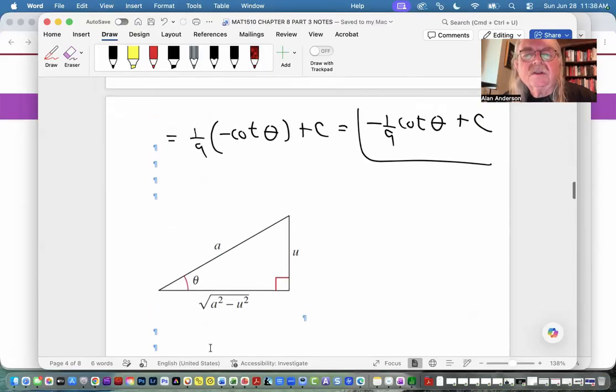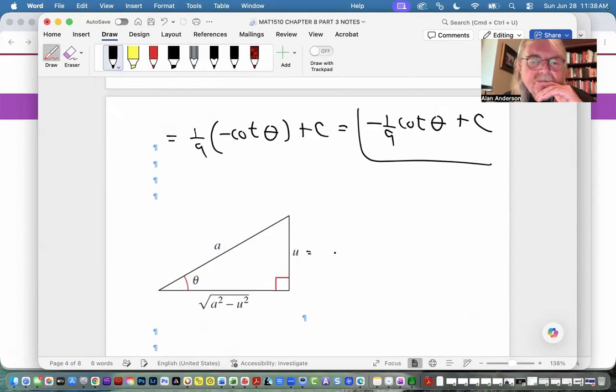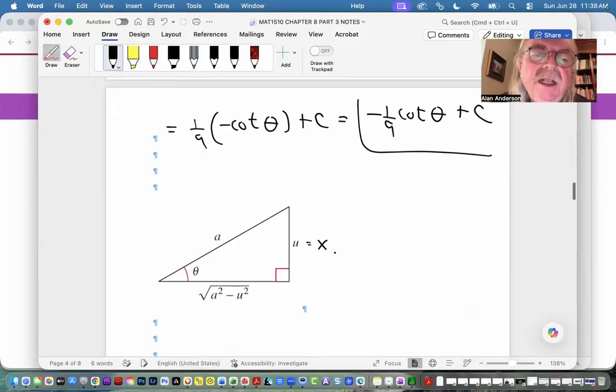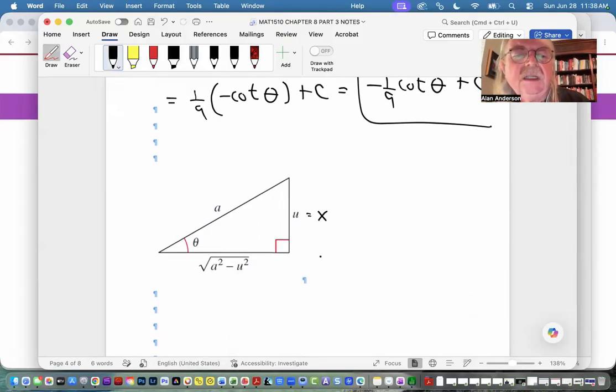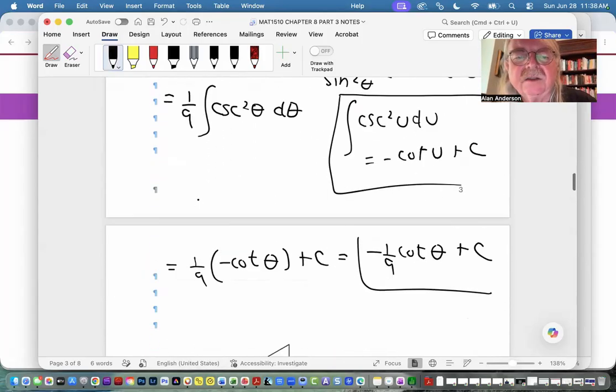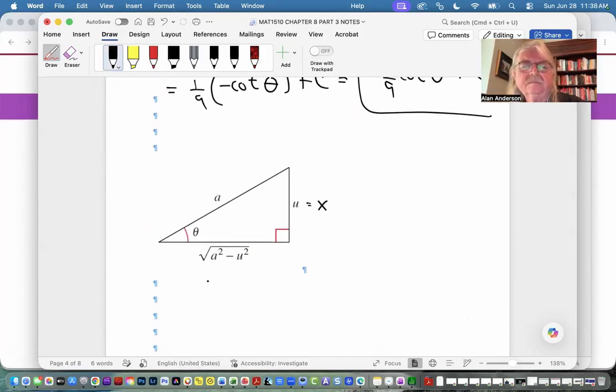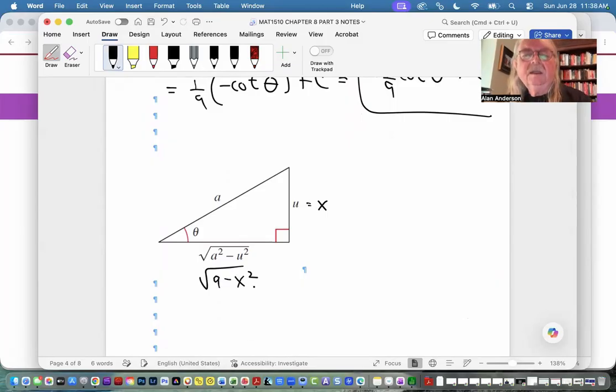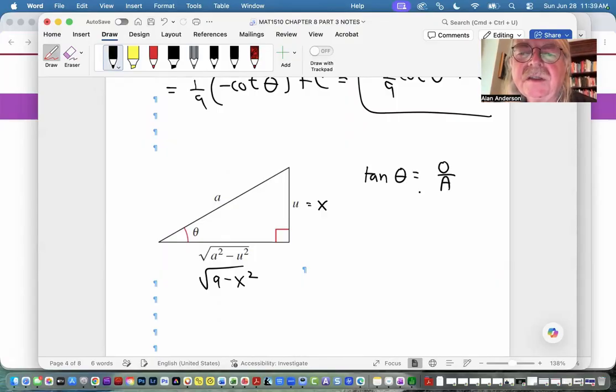Anyway, so in other words, we've already seen that u is 3 sine theta, but it's also equal to x. And we also saw that the square root here was originally radical 9 minus x squared. So the tangent of theta is the opposite over the adjacent.